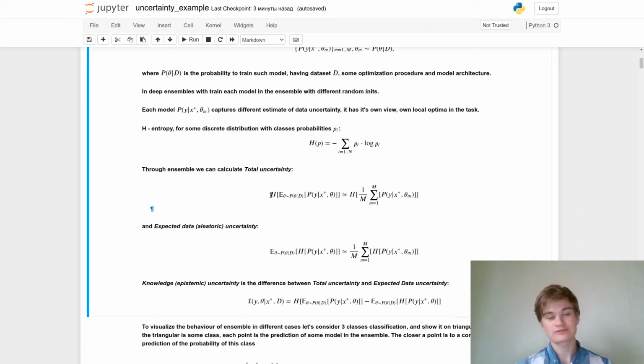As you know, through an ensemble we can calculate total uncertainty, which is the entropy of the expected answer over the ensemble, which in the simple case of our classification ensembles is the entropy of the mean probability prediction over the ensemble. We take the ensemble and we just average probability predictions from each model for each input.